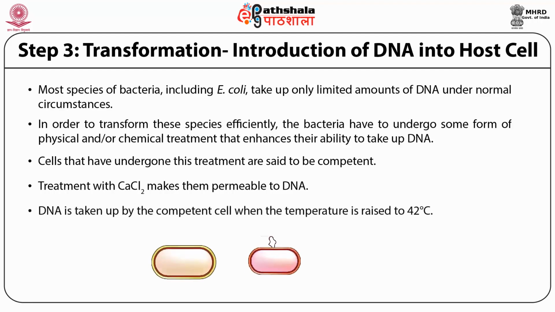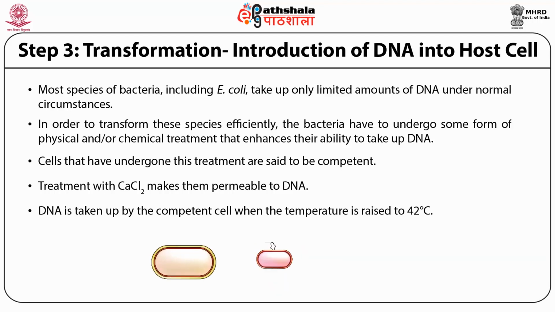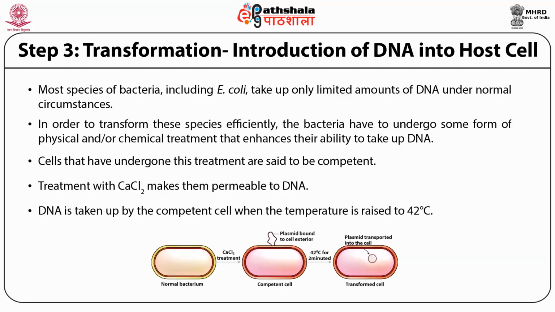This mixture is heated to 42 degrees for about a minute or two, and then transferred to ice, at 4 degrees. The plasmid which is attached to the surface is sucked inside the cell, and that cell is known as a transformed cell.